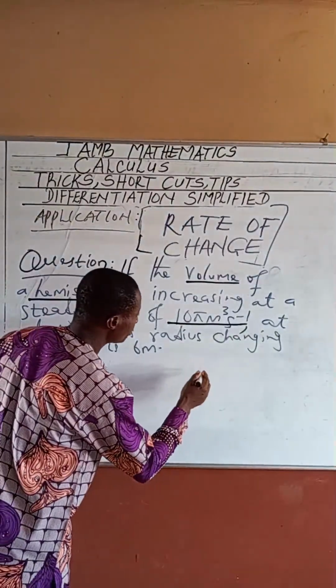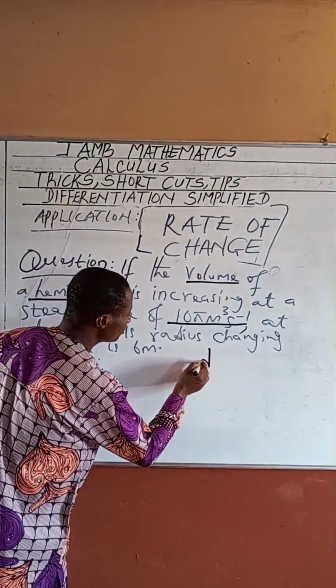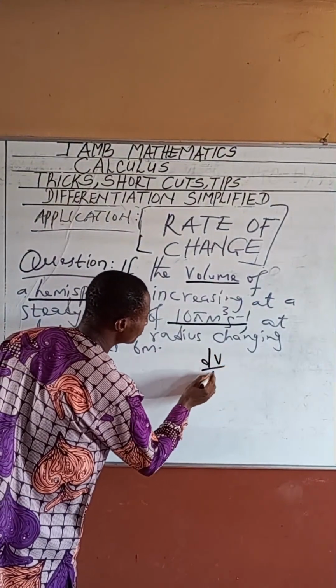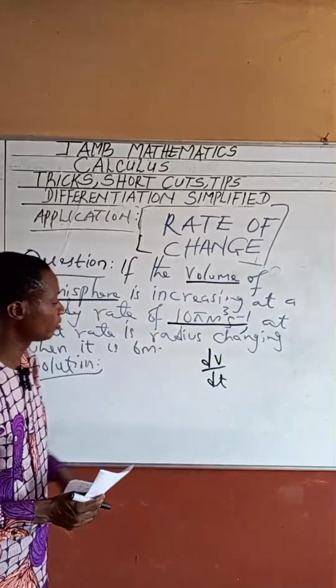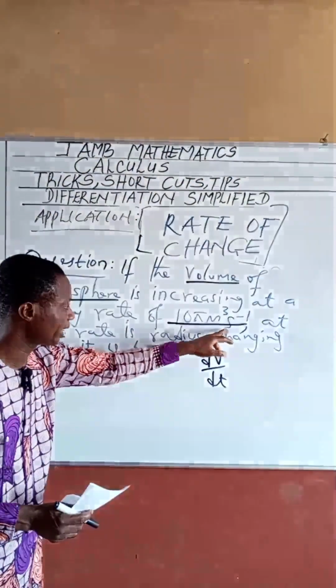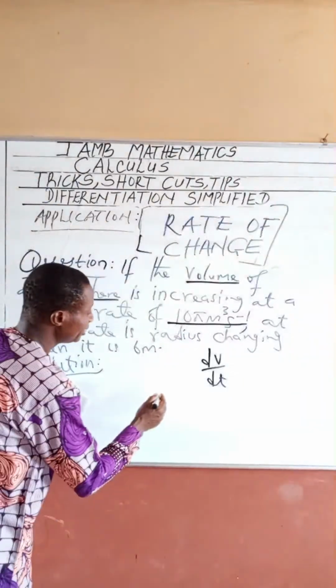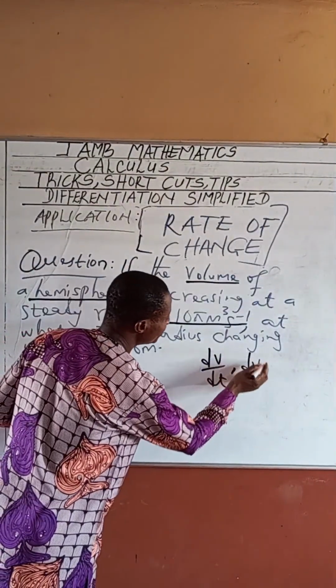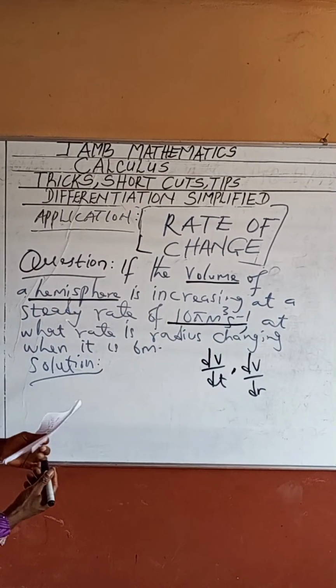I'm inside a park now, please. This is dv dt, volume per time. Then don't forget that we also have dv dr. What are we looking for?